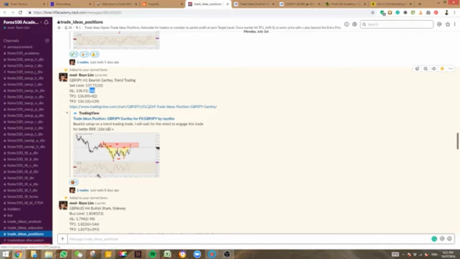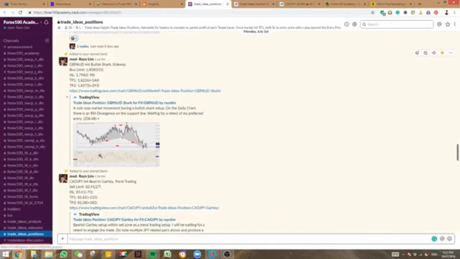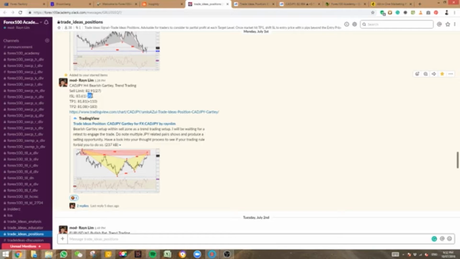For the chances that it doesn't, I will note that it doesn't give a 2-to-1 ratio. Most of it, I'll say 95% of my trades do give me a 2-to-1 ratio. You can see risk 98 pips, target 293. Risk 70 pips, target 183.